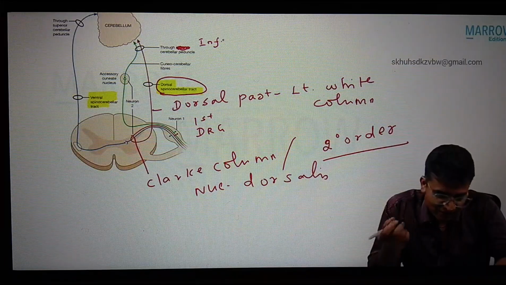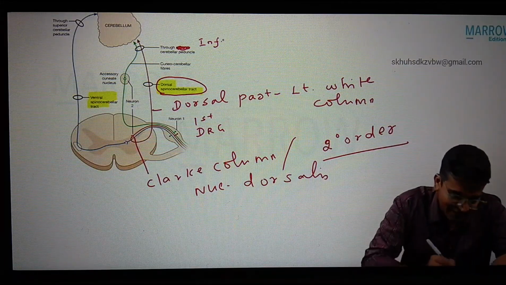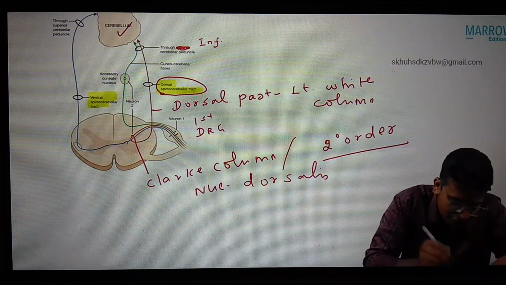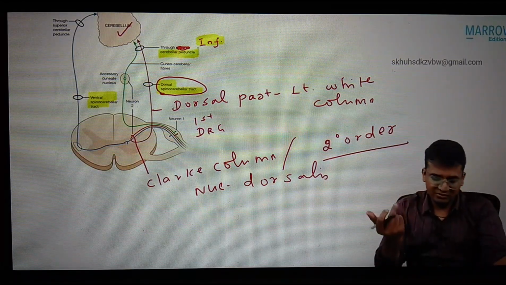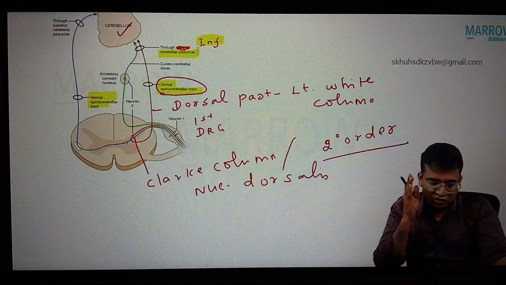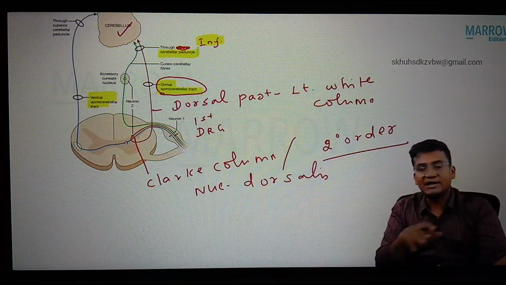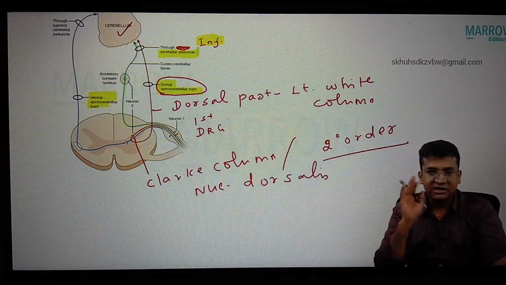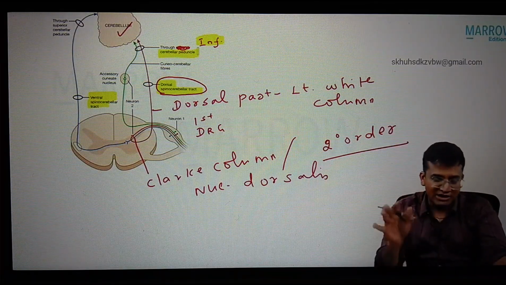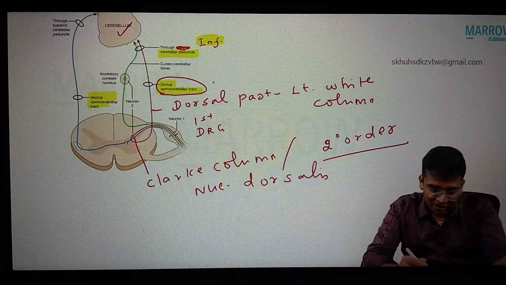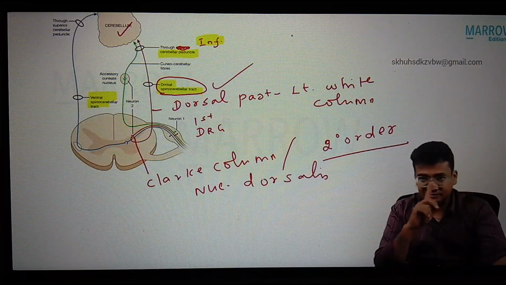Fibers of the dorsal spinocerebellar tract reach the cerebellum through the inferior cerebellar peduncle. That's all. The dorsal spinocerebellar tract does not cross. The only sensory tract which is not decussating is our dorsal spinocerebellar tract.